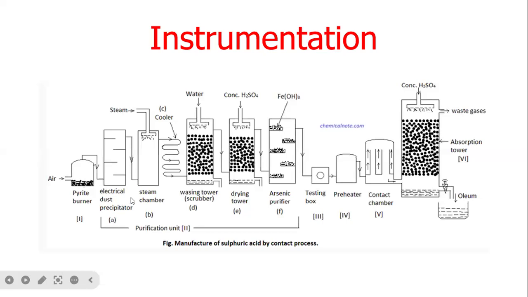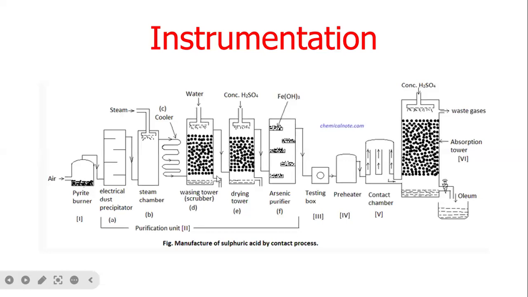The sulfur dioxide again passes into the steam chamber, where steam is passed, and then to the cooler, where there is a cooling process, and then it passes into the washing tower, where water is passed from the top to wash it.